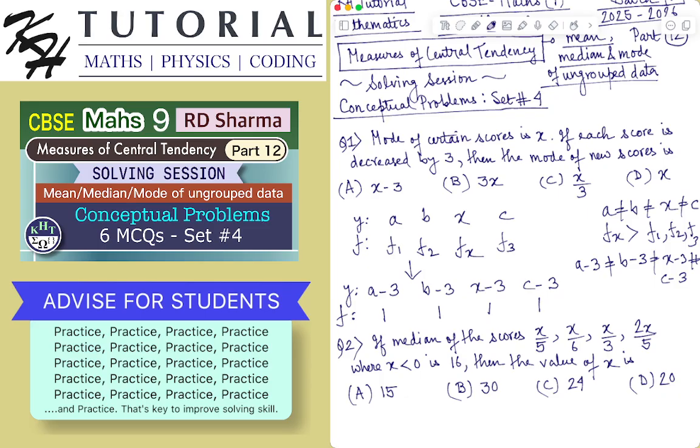their frequencies, I don't know. In my understanding, I think the frequency will be 1. In this case, the mode should not exist, but there are choices x minus 3, 3x, x by 3 and x. I think the frequency of all the new scores will become 1, because there will not be any other value of a minus 3 in the original distribution.